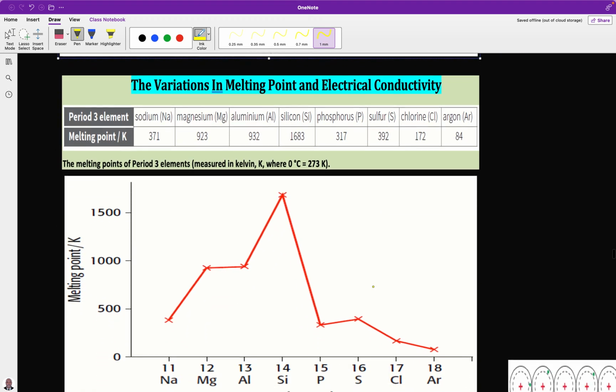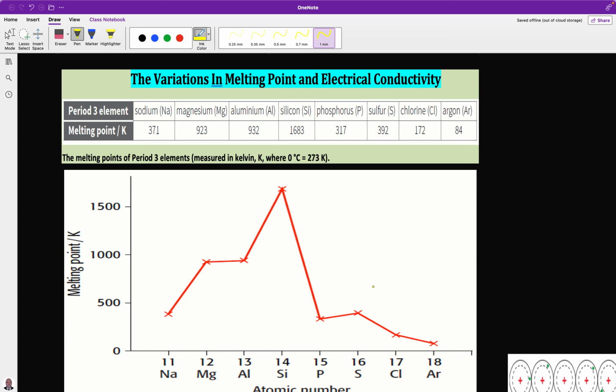Okay, another property is variation in melting point and electrical conductivity. Learners, you should know that melting point and electrical conductivity will depend on the type of bonding.